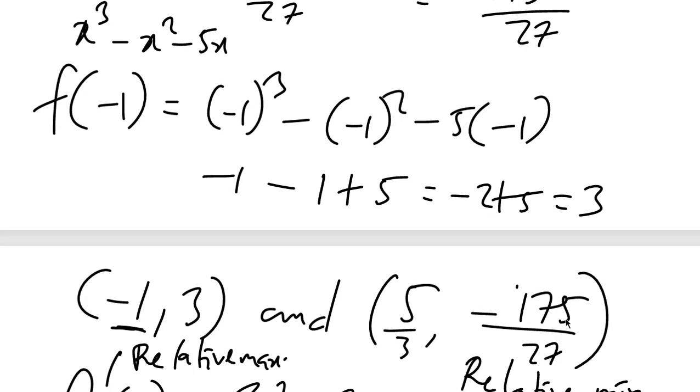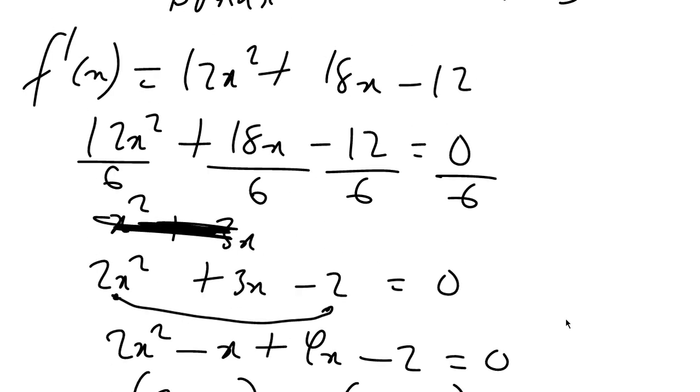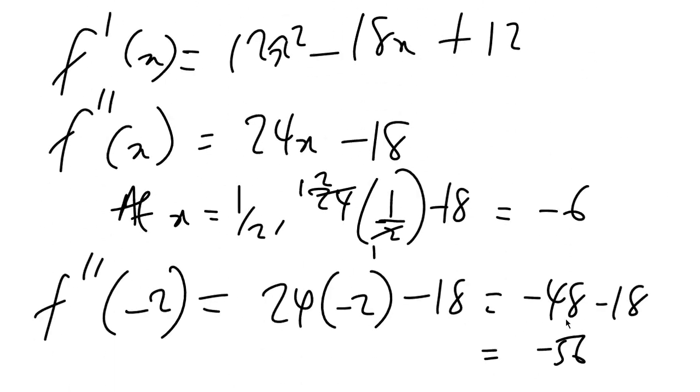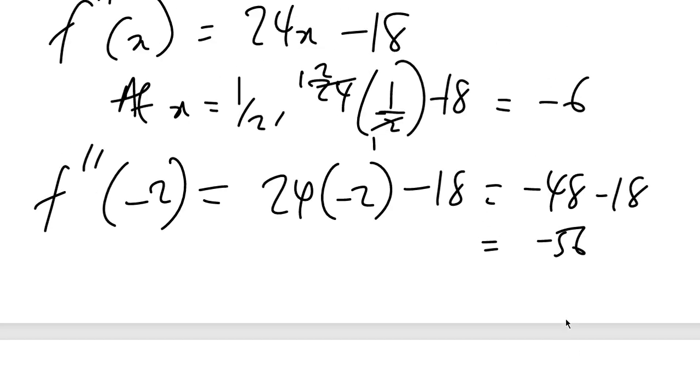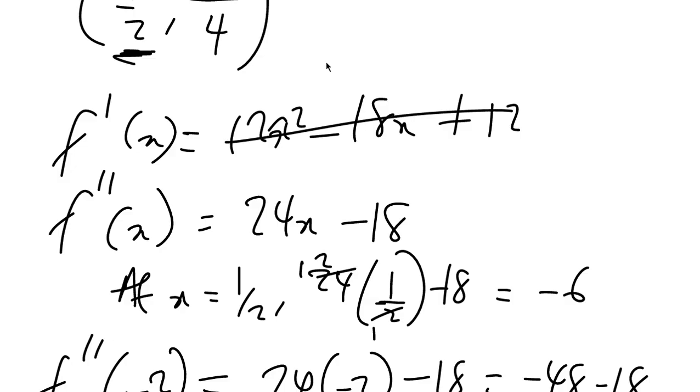So sorry for that. Let me see. The first case is where the issue came from. The first derivative is 12x squared plus 18x minus 12, because that is what we get when we differentiated the first time. So sorry, viewers. What I wrote here is 12x squared minus 18x. Sorry, it's supposed to be 12x squared plus 18x minus 12.